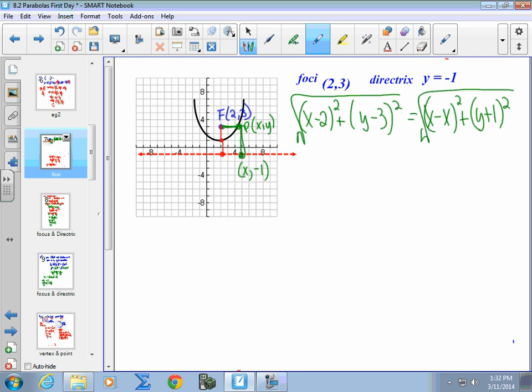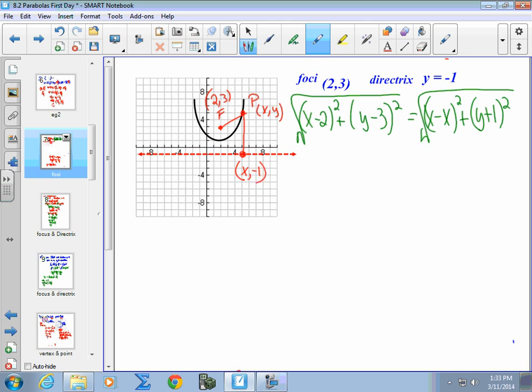And those two distances, the distance from here to here, if the picture were drawn correctly, is the same as the distance from here to here. This point on the curve is x and -1.